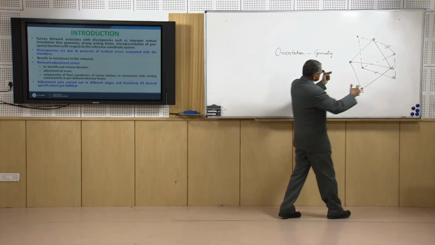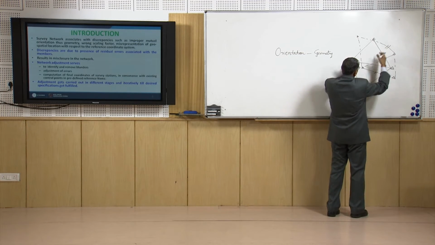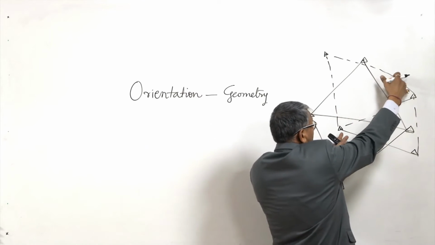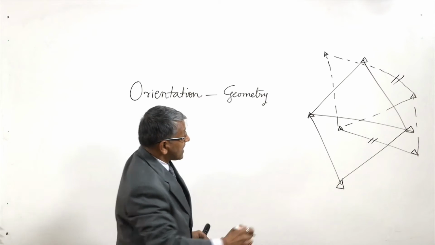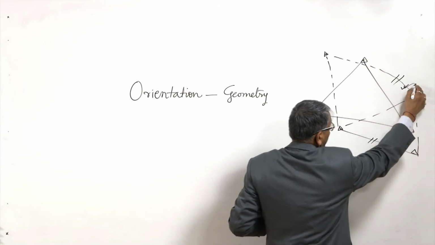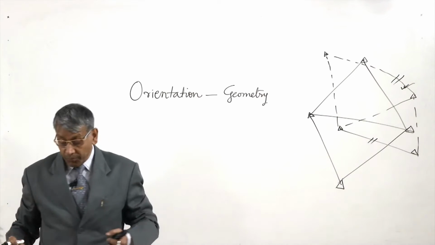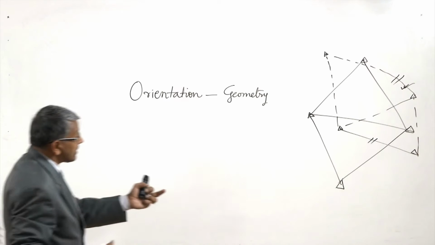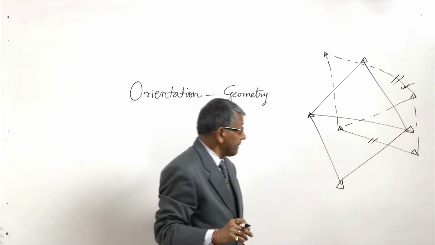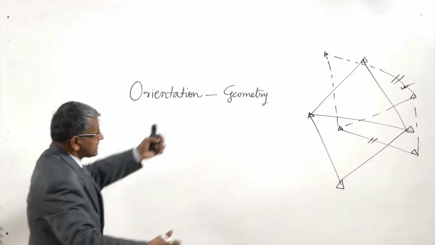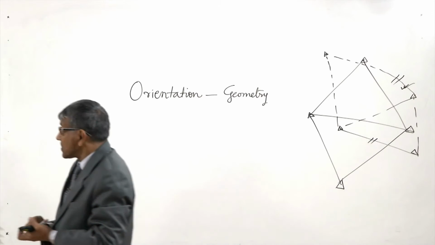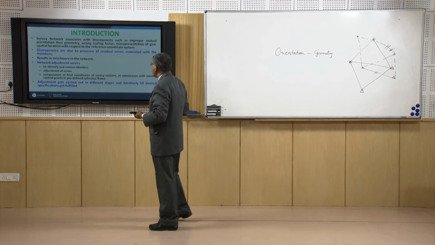Sometimes you can see the area of this is more than the area of this, that means the scale of the processed figure is less than the desired scale, so its size is less. So there are discrepancies arising out of the scale.